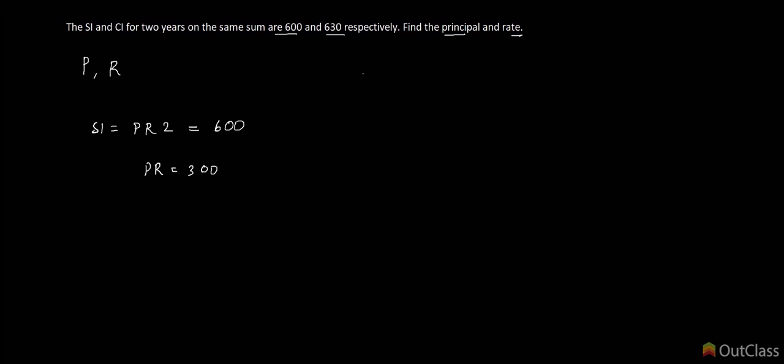On the other side, we don't have a direct formula for CI, but we have a formula for the amount in CI, which is P into (1 plus R) raised to T. Here T is equal to 2. So when you expand, you will get P plus 2PR plus PR square.